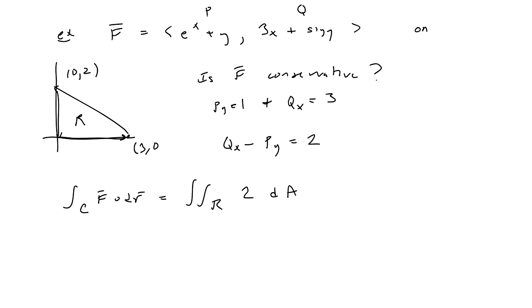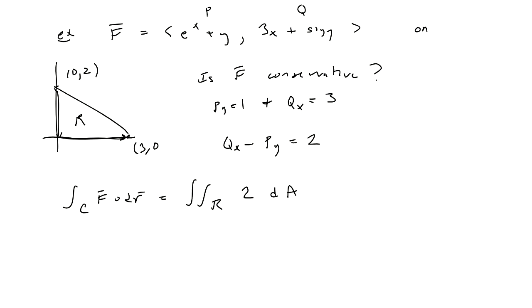This is a typical type of thing for tests and finals where you want to use Green's theorem, because if I integrate a constant over a region, what do I get? I can pull out the 2. If I integrate 1 over a region, what do I get? The area of the region.